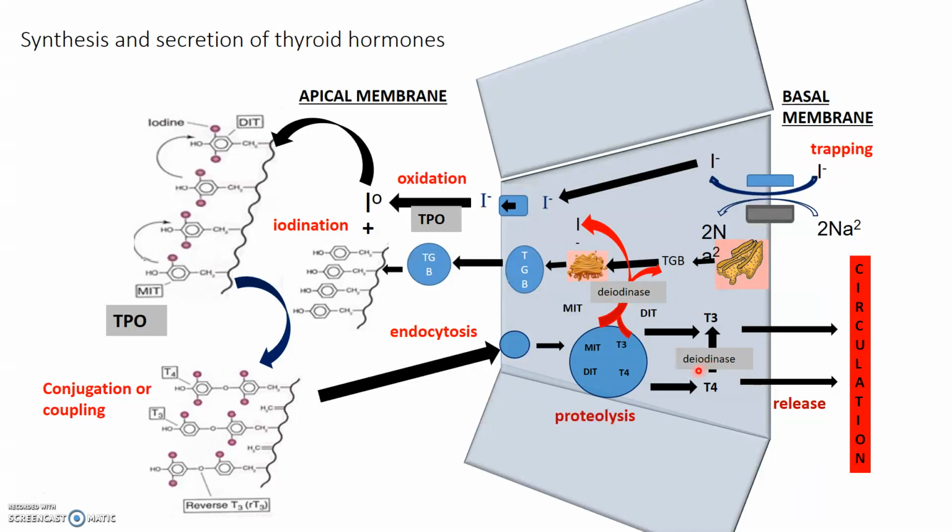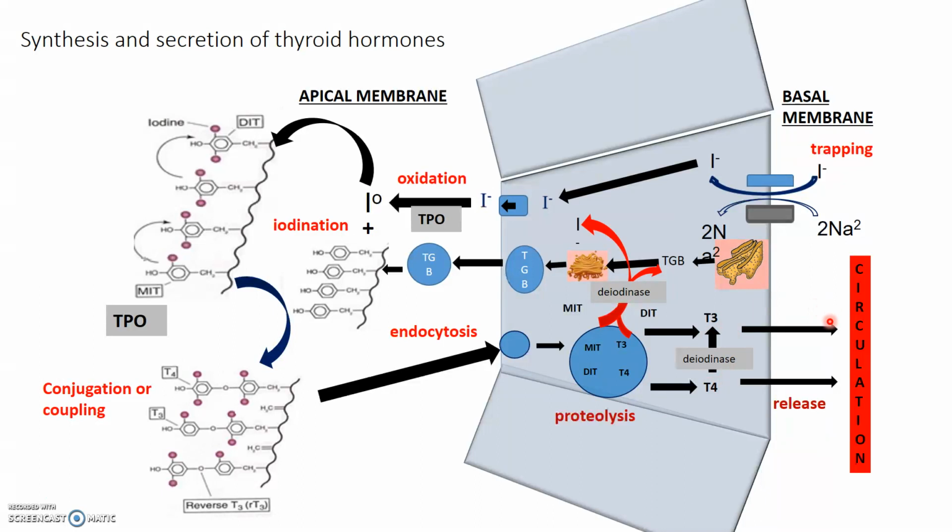It's not as if all T4 is converted to T3. Some of the T4 will also be released into the circulation as T4, but some will be converted into T3 by the enzyme deiodinase. So these are the two functions of the enzyme deiodinase. The first one is to convert MIT and DIT to I minus anion once again. Another one is to convert T4 to T3 and release them into circulation.